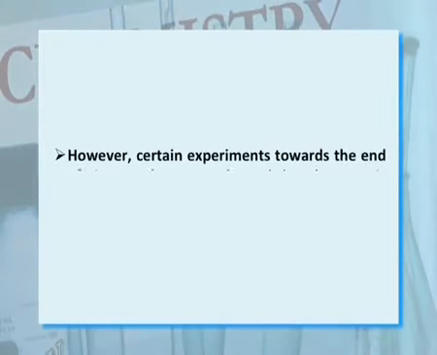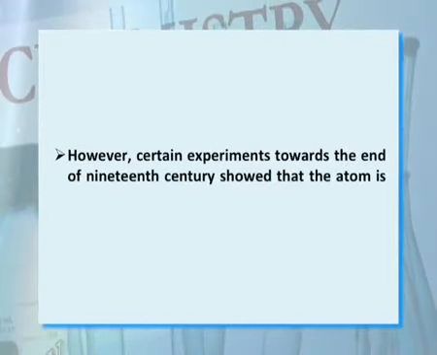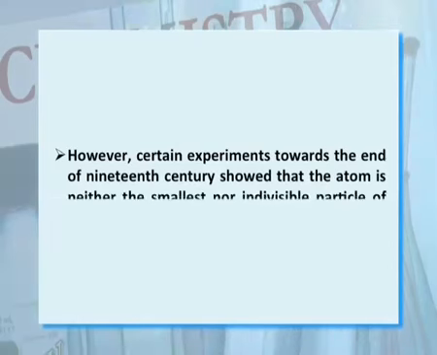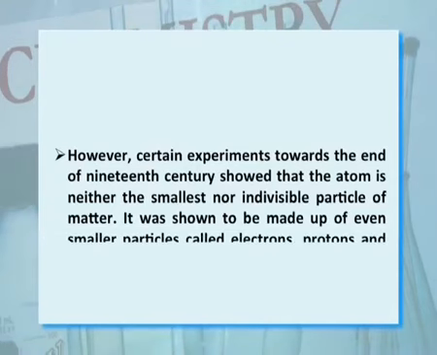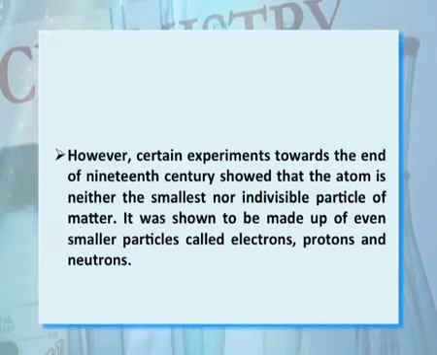However, certain experiments towards the end of the 19th century show that the atom is neither the smallest nor indivisible particle of matter. It was shown to be made up of even smaller particles called electrons, protons and neutrons.